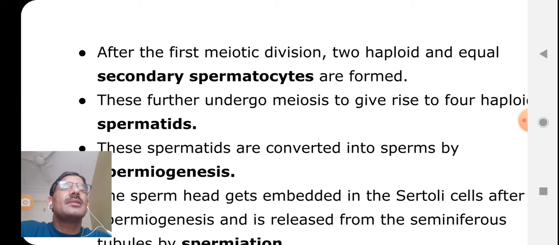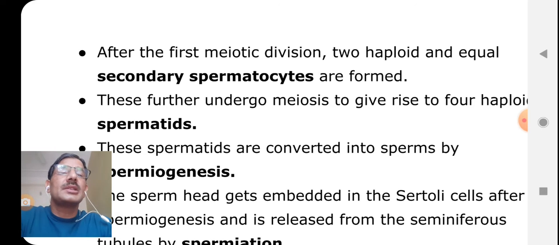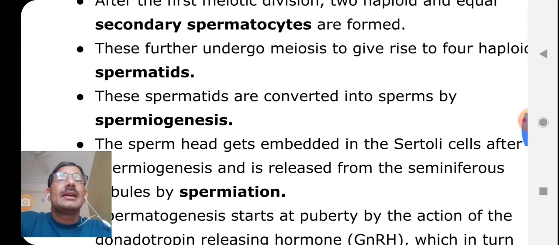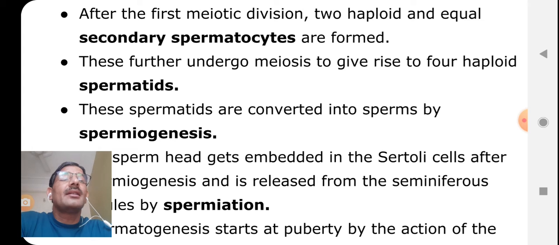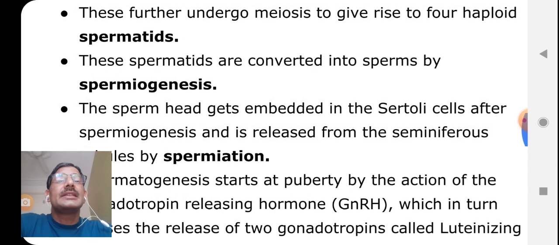They may periodically undergo meiosis further to form secondary spermatocytes. First meiotic division gives two haploid cells and equal cells. Importantly, equal, because in oogenesis this division will be unequal, and they form secondary spermatocytes. These further undergo meiosis second to give rise to 4 haploid spermatids. These spermatids are converted into sperms by spermiogenesis.